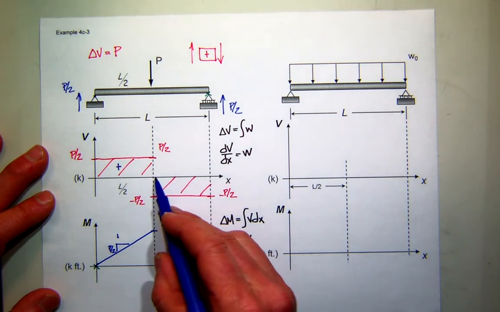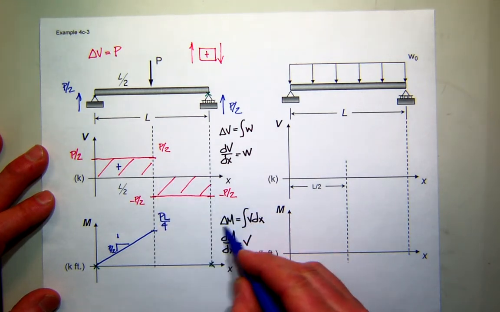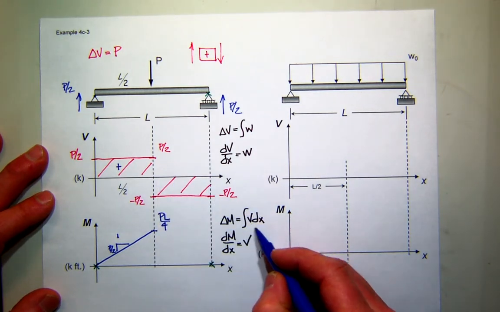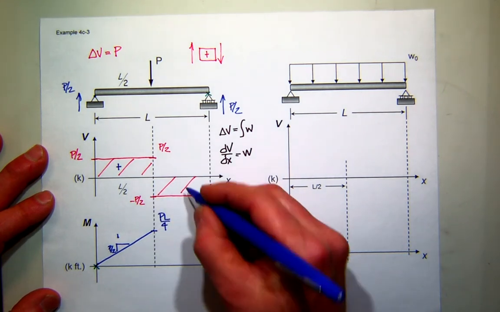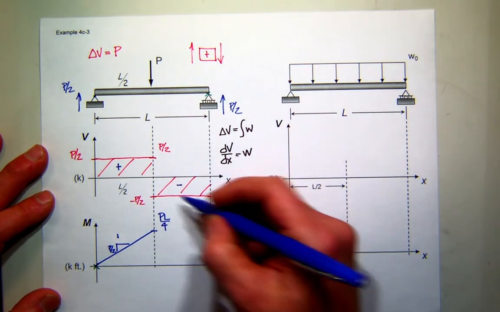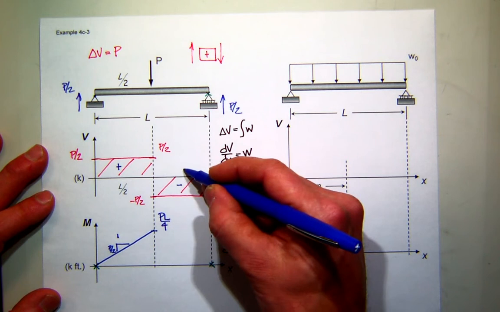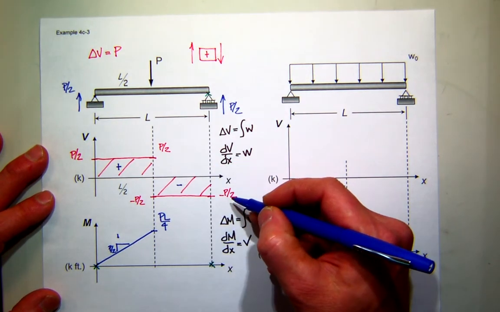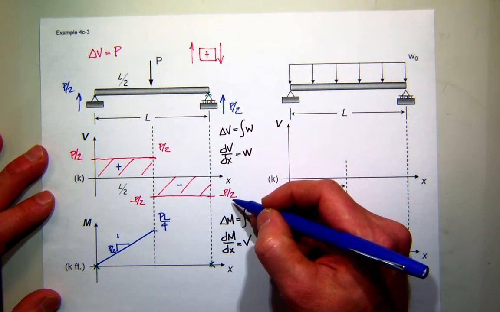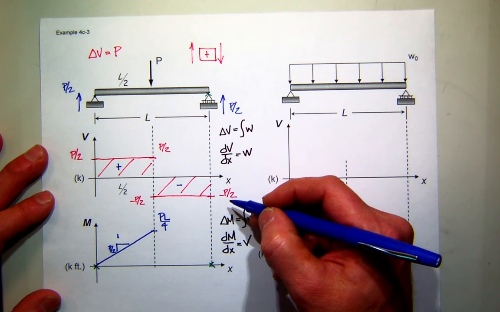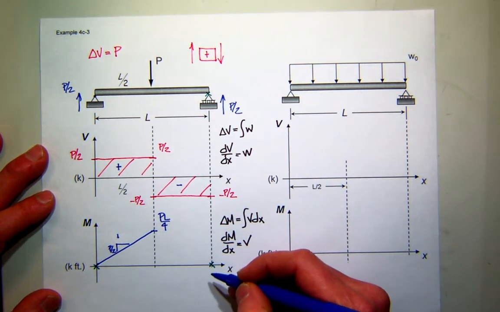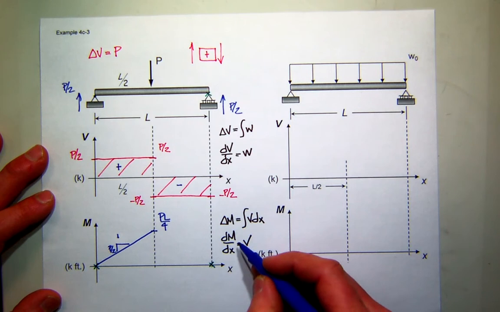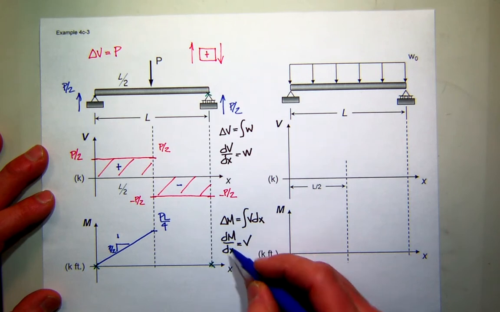Now, from L over 2 to L, what's the change in moment? Well, it's the area under the shear curve from L over 2 to L, which is what? That's a negative area. It's a rectangle. Base L over 2 times height minus P over 2 gives me negative PL over 4. So that brings me back to 0. Cool. Slope is equal to the shear.